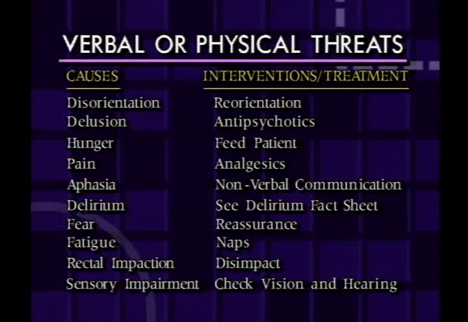They should be manually checked for a rectal impaction, and if one isn't present, they need to be mechanically disimpacted. And likewise, sensory impairments can sometimes make patients swing. If they can't see what's going on around them and they can't hear what's going on, oftentimes they will become threatening just to protect themselves, in which case maximizing their vision and their hearing may help lessen their fear of their environment.